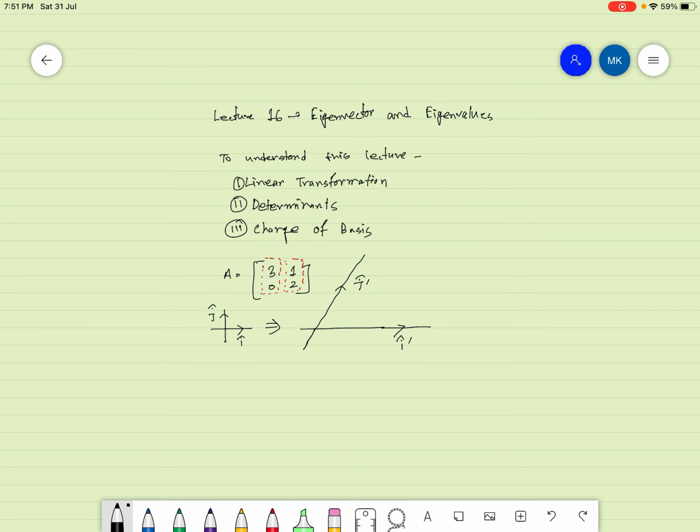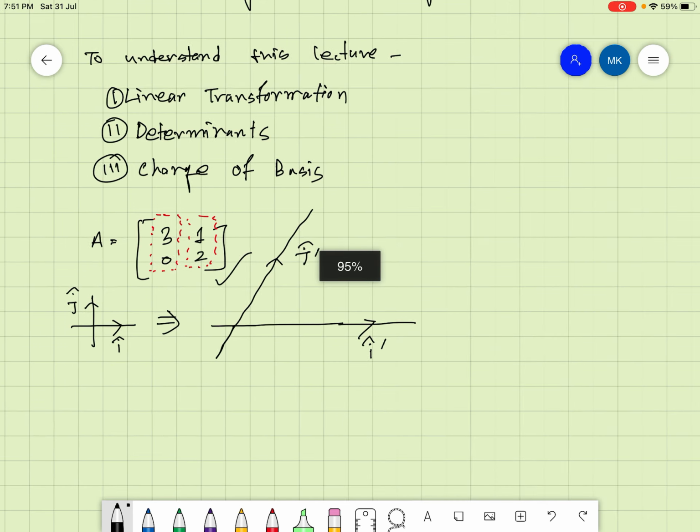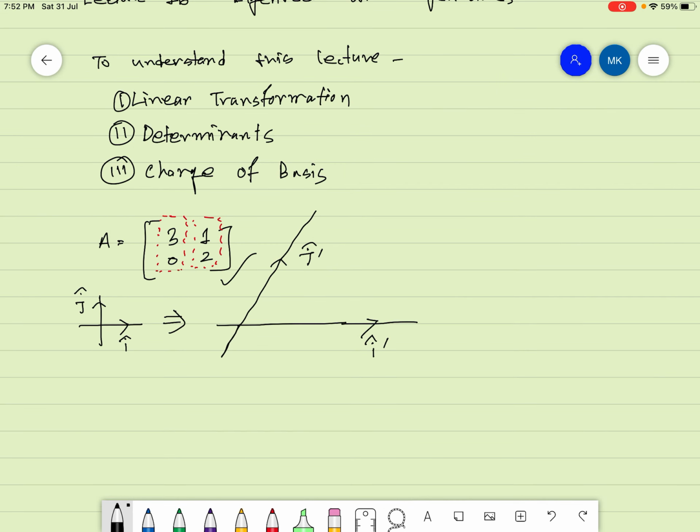So if you multiply any vector with this matrix, that vector would be knocked off its span. And if you had a vector like this, after the transformation the vector would be transformed into this, right?